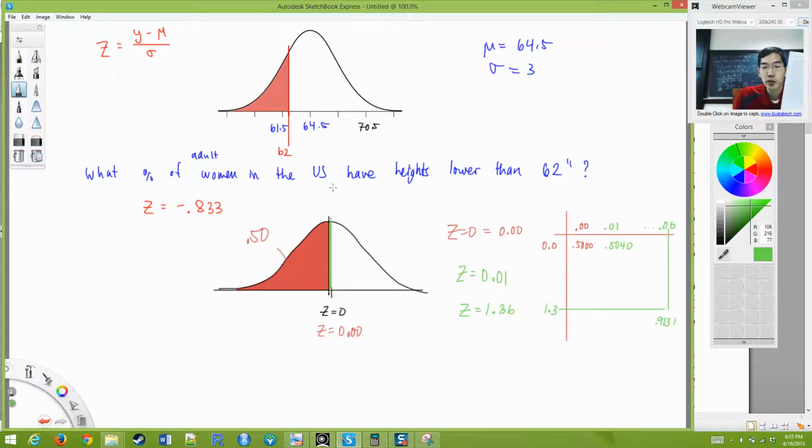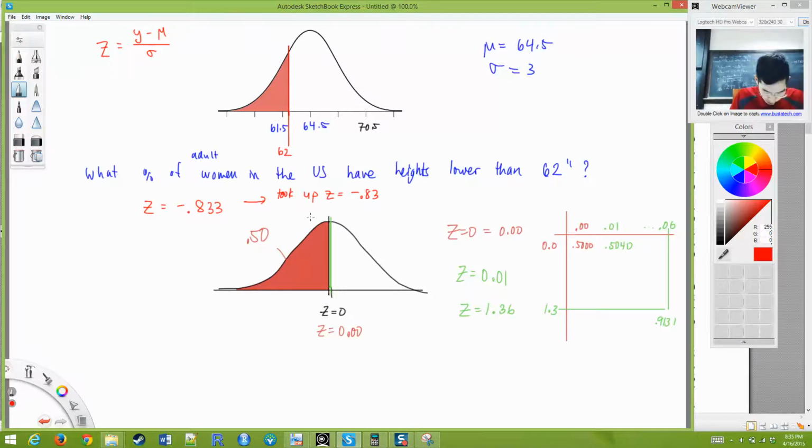And so when we're looking at our problem here with a woman who is 62 inches tall, her z-score is negative 0.83. Okay, we're going to have to round off to 2 decimal places to look that value up in the table. And so we would look up z equal to negative 0.83, and the table tells us that the amount shaded to the left is how much?